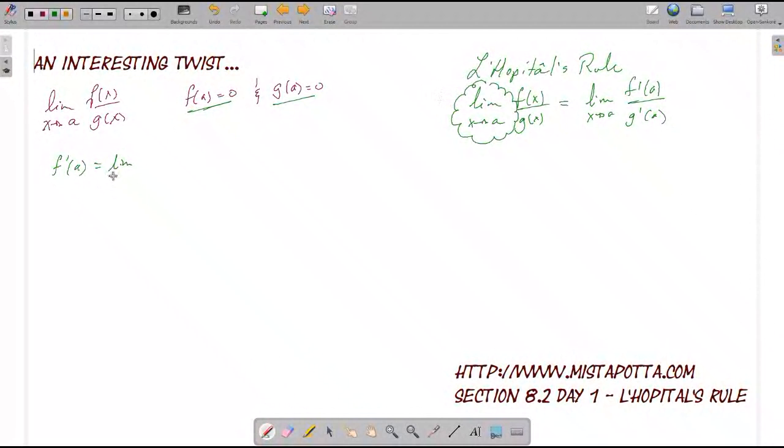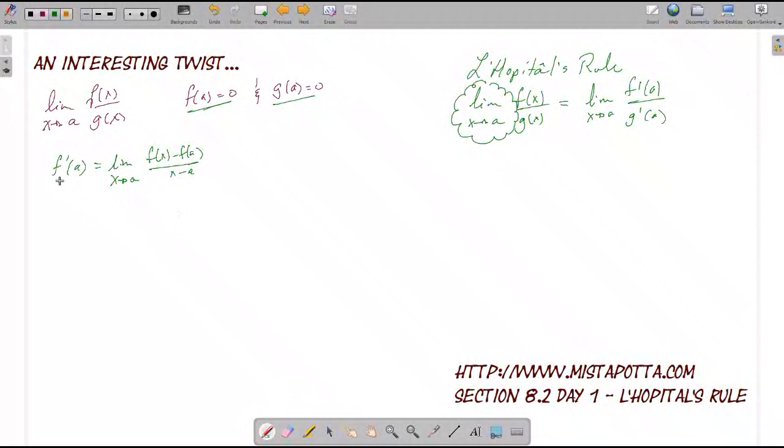So I want to look for the limit as x approaches a of f of x minus f of a over x minus a. This was one of the forms of the definition of the derivative that we had back in chapter 3.